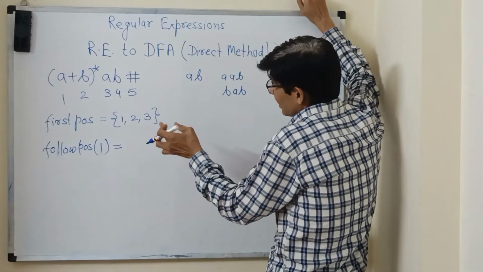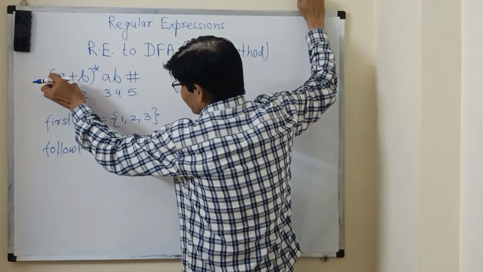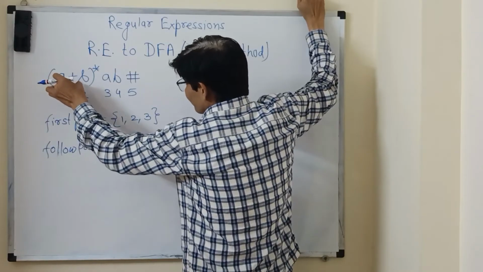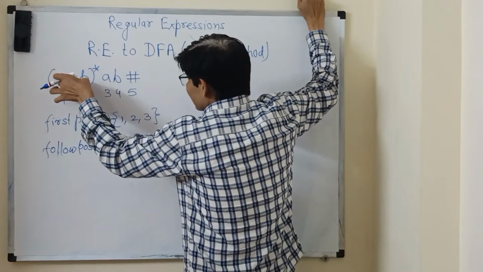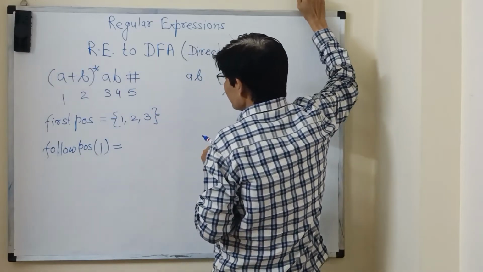So now if we are finding the follow of this A, that means at least one symbol must be there from this Kleene closure.